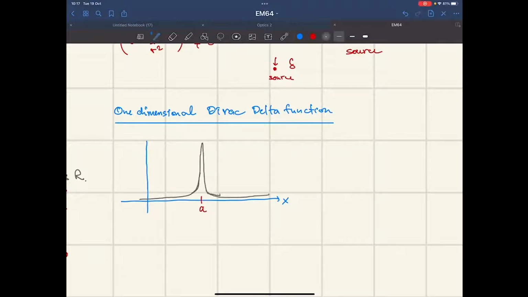It's like you have a peak at A here. Let me draw the area under the curve.